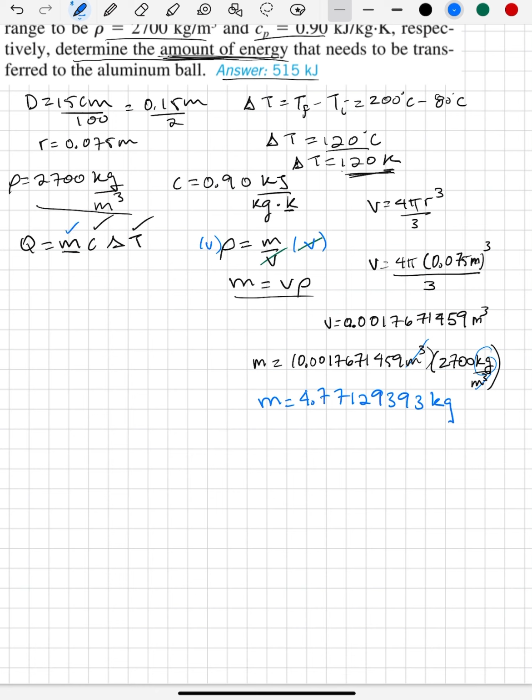Now I can go and plug everything into this formula to find the amount of energy, which I'm going to do here. I have more space down here.